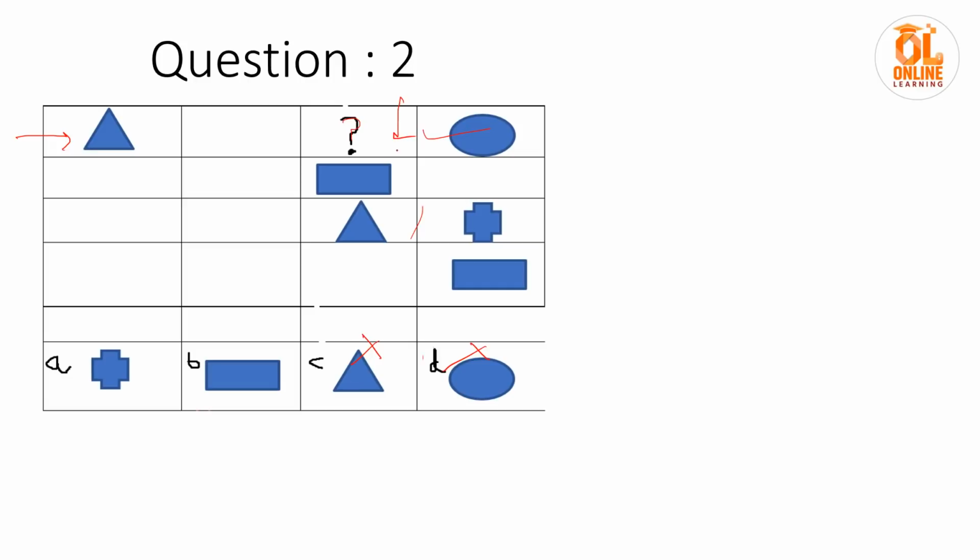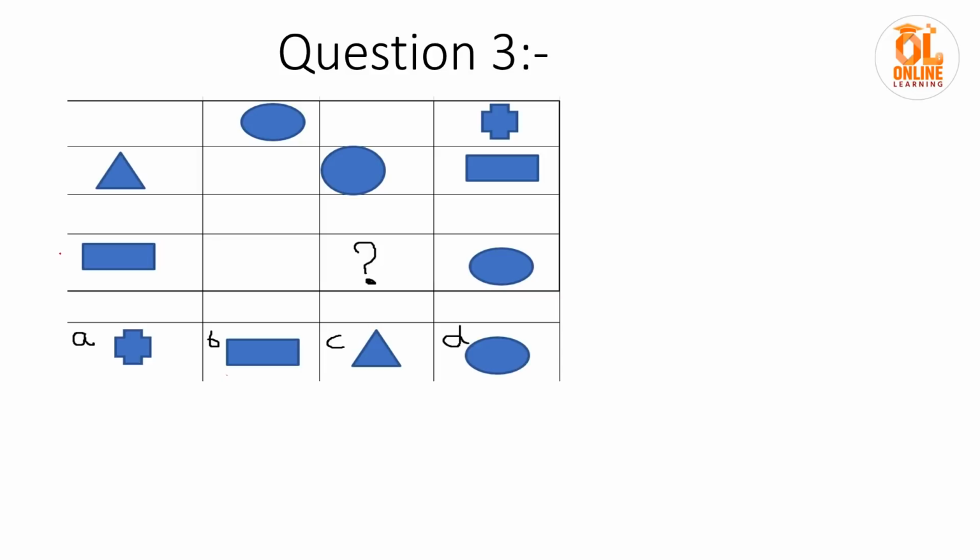Now in the same column, rectangle is present, so eliminate rectangle also. So what is left? Only plus is left, so plus will be the answer here. It was an easy one, so let us move to the next question.